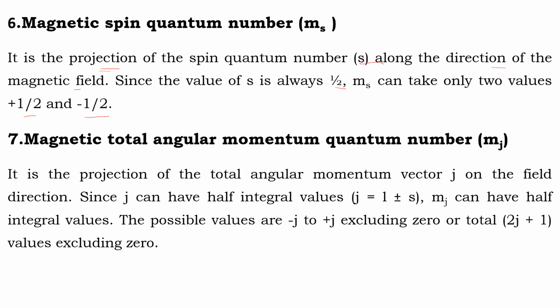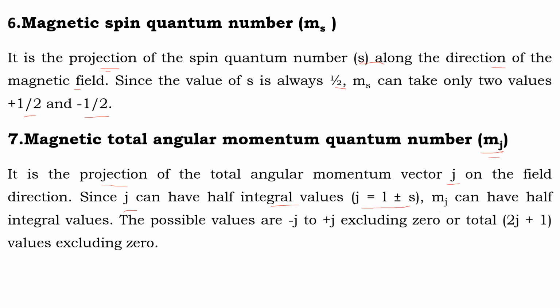It can be represented as mj. And this magnetic total angular momentum quantum number can be represented as the projection of the total angular momentum vector j on the field direction. And this j can have half integral values because j is equal to L plus or minus s, depending on whether L and S are both in the same direction or in the opposite direction.